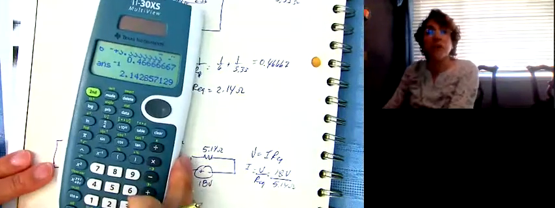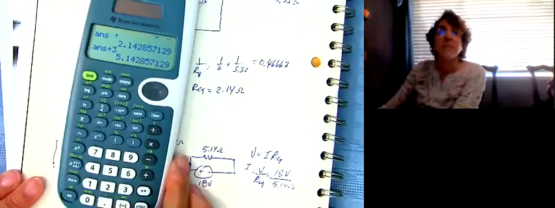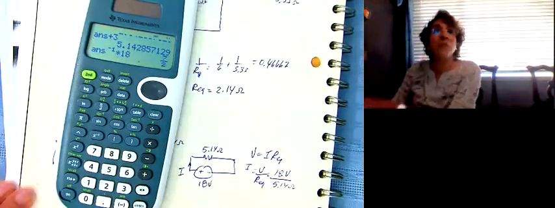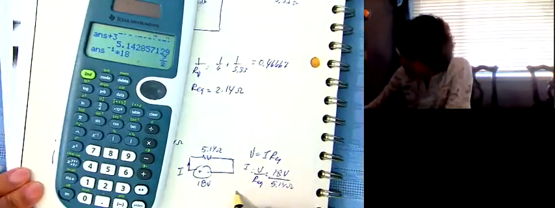So I have 18 volts divided by 5.14 ohms. All right, what is that? I'll take the inverse of that, times 18. There we go, 7/2 exactly. That's why I wanted the more accurate value: 7/2 amps, which is 3.5 amps.